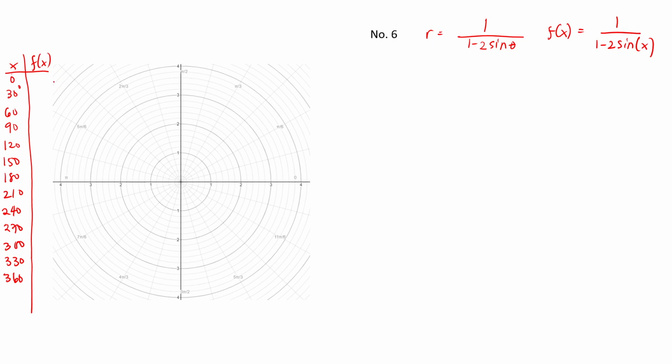Alright, so again, plugging in the equation 1 all over 1 minus 2 sine alpha x. So we have 1, and then 30 degrees is error, negative 1.366. The next one is negative 1, then negative 1.366, then error.